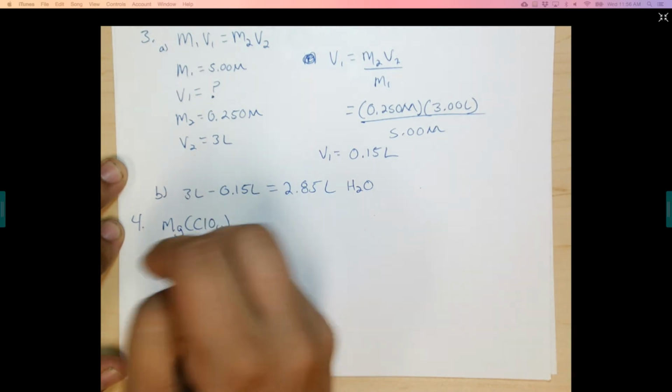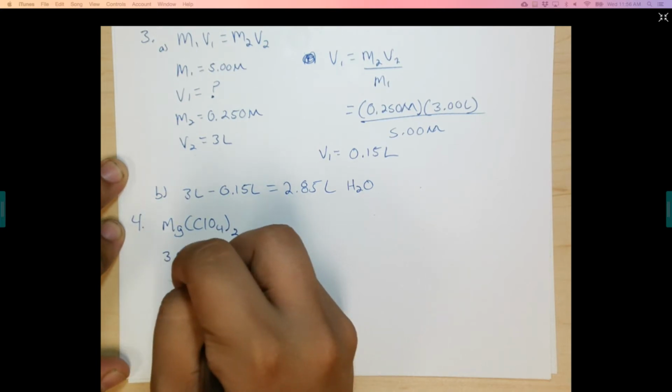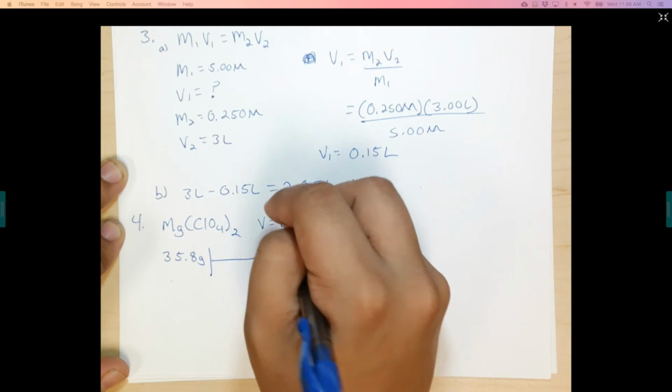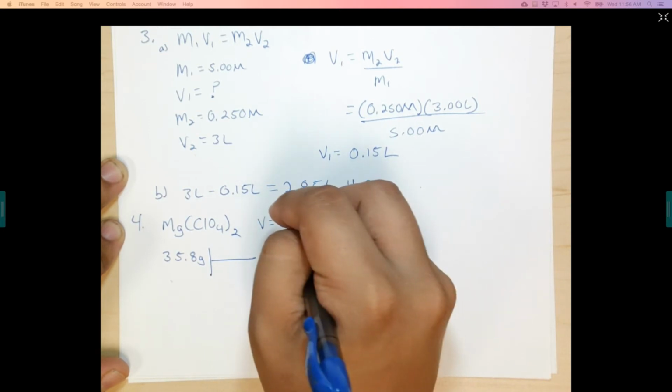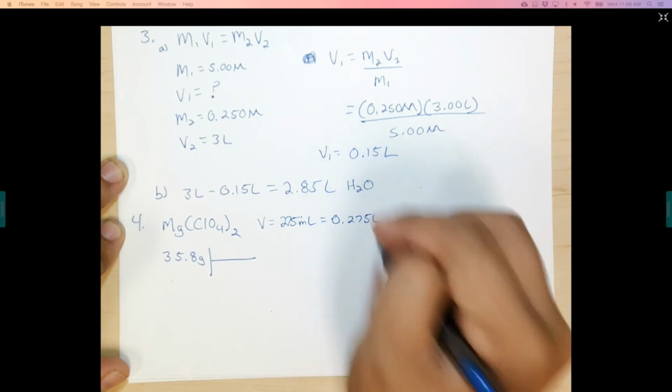They tell us we have 35.8 grams. Again, we always need to convert to moles. The volume they give us is 275 milliliters, or 0.275 liters.